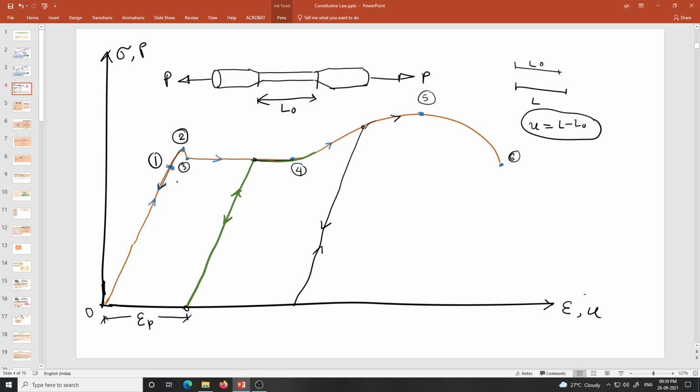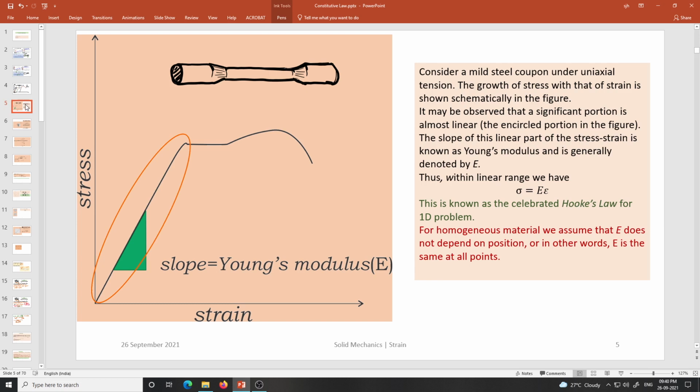But for the constitutive law, we are going to limit our discussion to the first part, where it shows the perfectly linearly elastic behavior. Okay, so that is the sample, and we are interested to see what is happening in the first part.